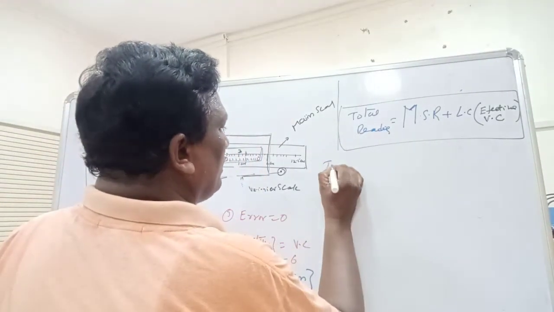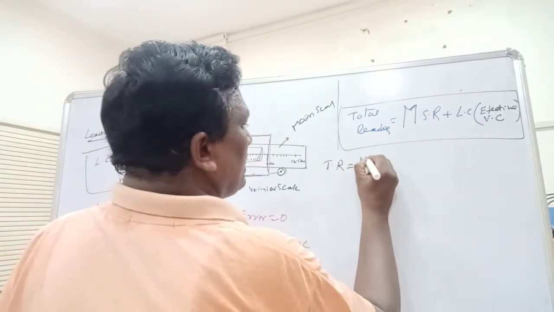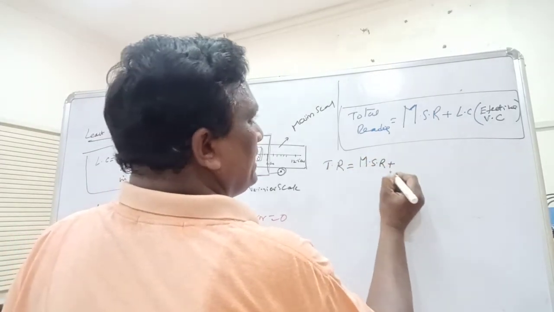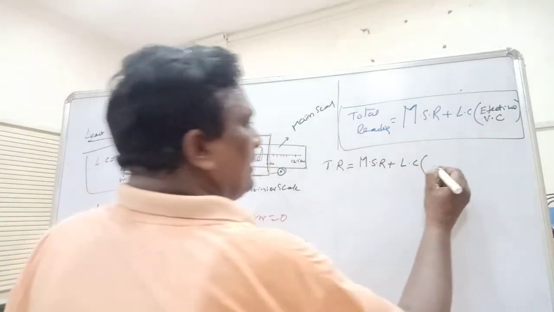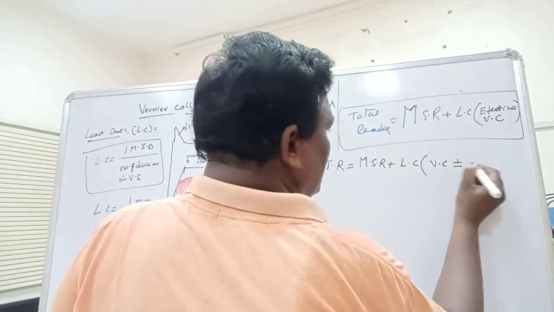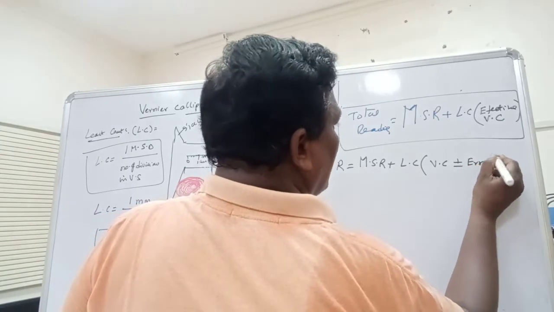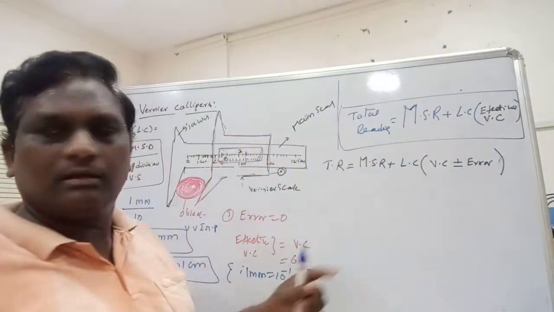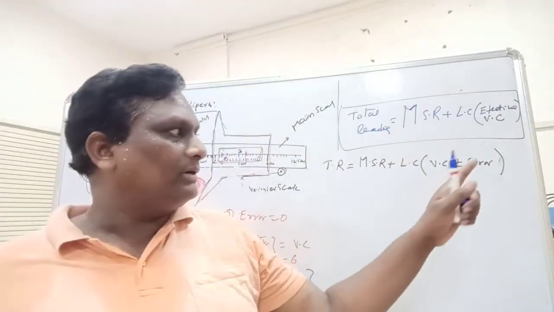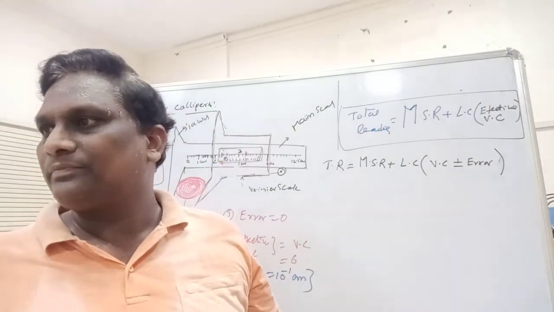Total reading is equal to MSR, main scale reading, plus least count into Vernier coincidence plus or minus error. Is it correct or not? When you take plus error, it is if the error is negative. When you take minus, it is if the error is positive. So this is the thing.